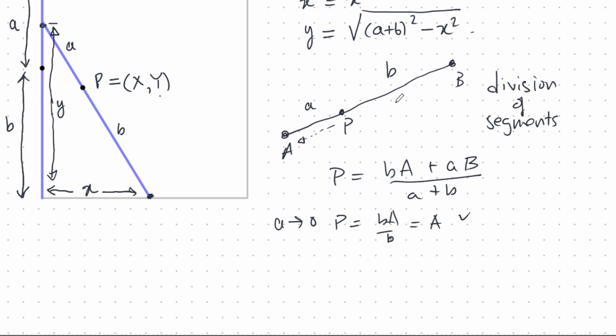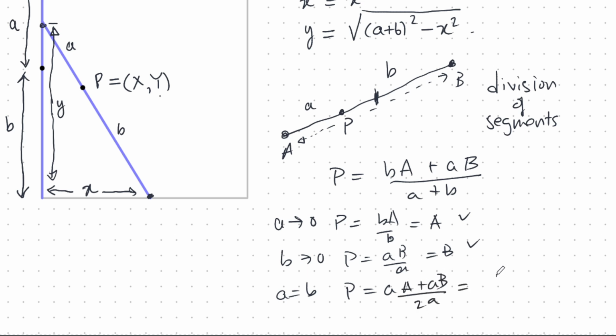And now if b goes to 0, then P will go all the way down to B. P is aB over a, and that's B. That's okay. And now what happens when a equals b? Well, then P will be right in the middle, so it should be the midpoint. So P is (aA plus aB) over 2a, and cancel out the a, we get (A plus B) over 2, and that's good too. So this formula is a really great thing, and you should always remember this.